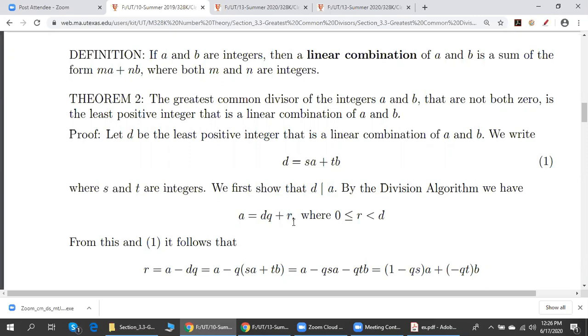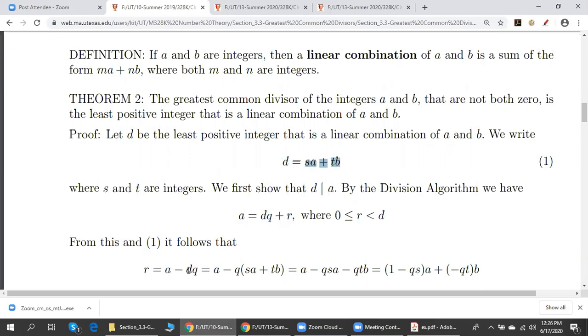Here's how we do it. First, let us move this to the left. R is A minus DQ. It's over here. Next, note that D, according to this, is SA plus TB.